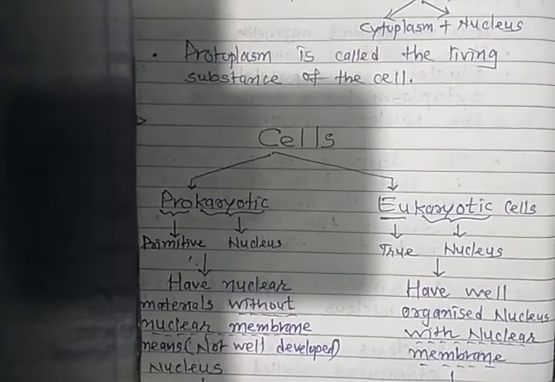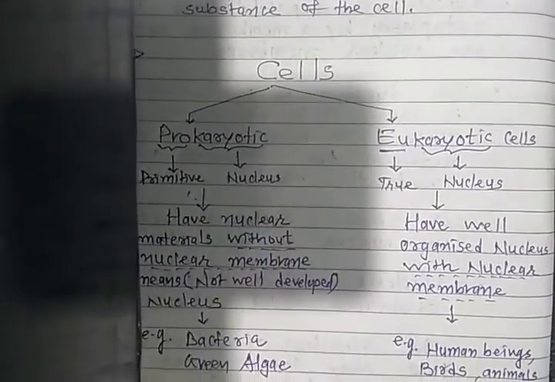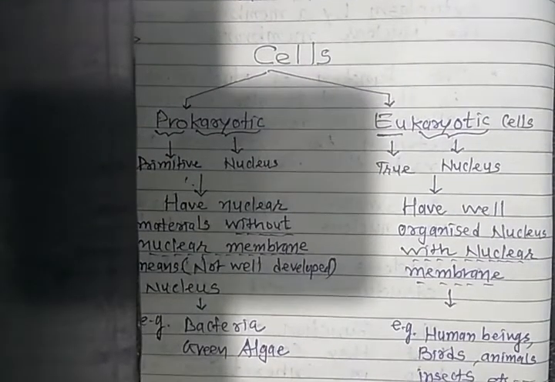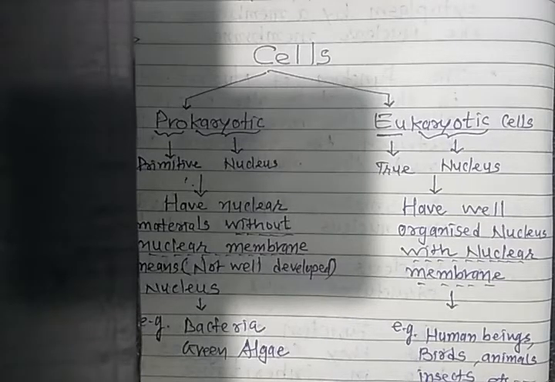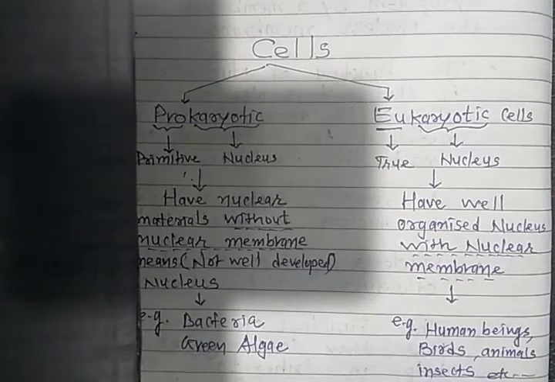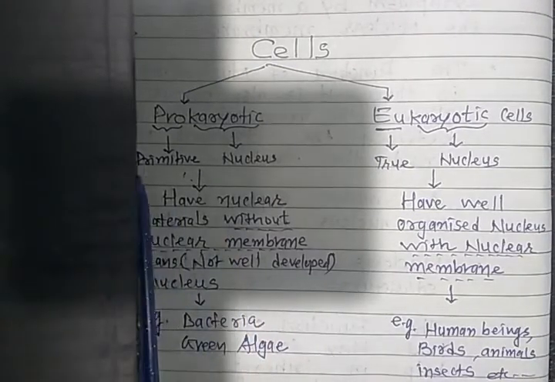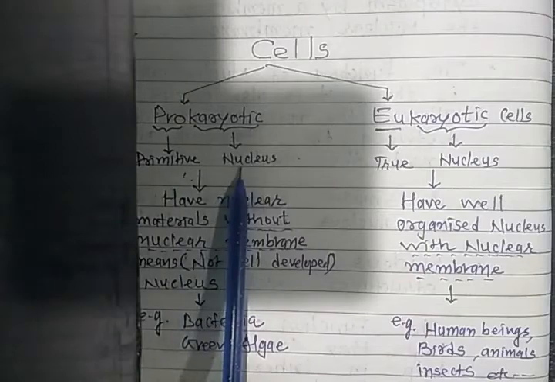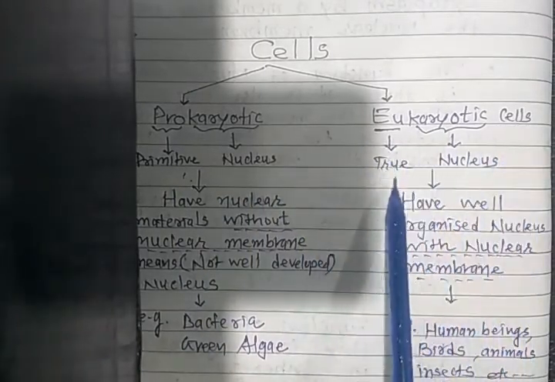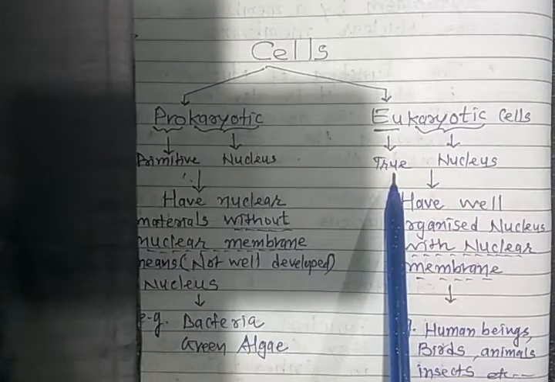Now the next important point: write the difference between prokaryotic and eukaryotic. Cells are generally divided into two types, prokaryotic and eukaryotic. Students, pro means primitive, initial stage, and karyotic means nucleus. Eu means true, well developed.